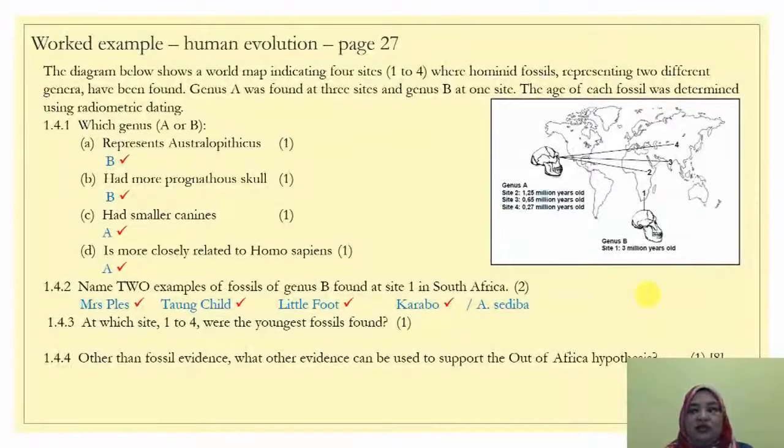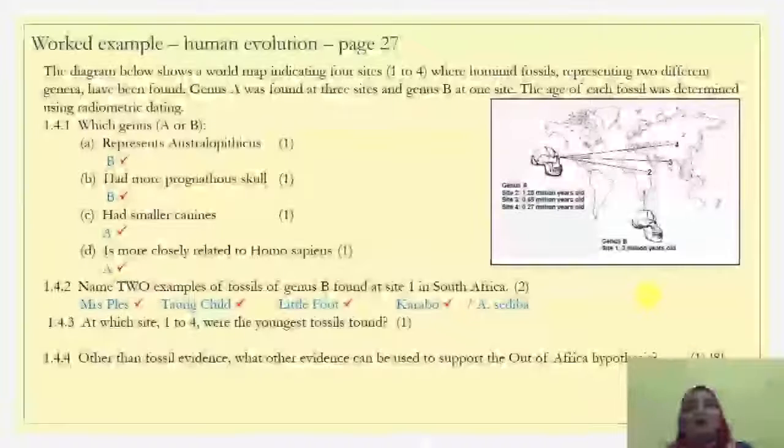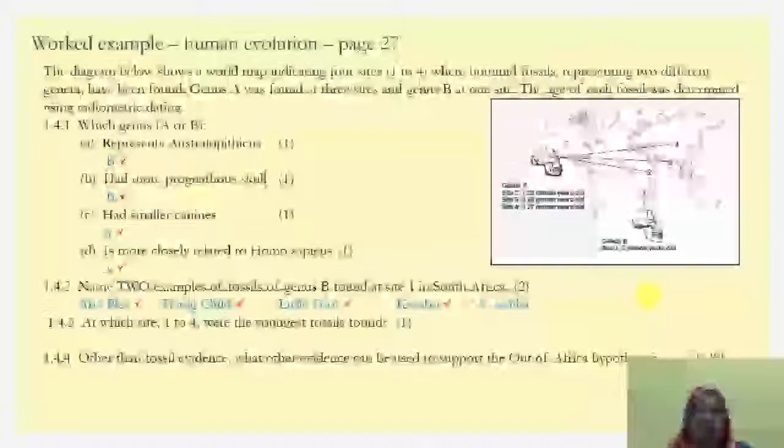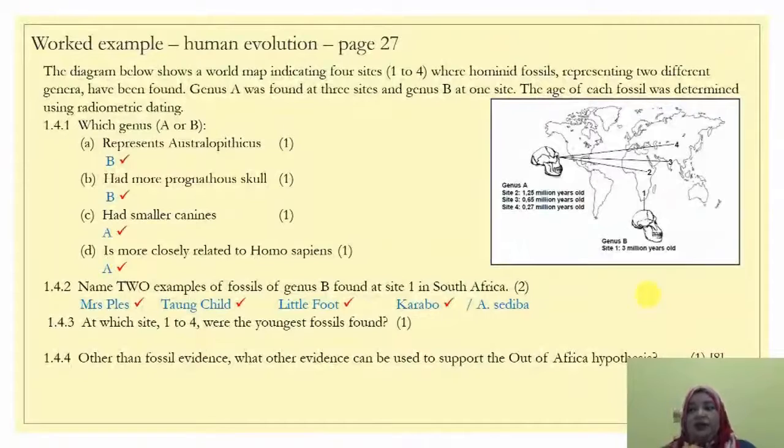So it was the genus B, which is your Australopithecines. It can't be RD because RD is Ardipithecus, and it can't be Homo habilis because Homo habilis belongs to the genus Homo, and not Australopithecus.